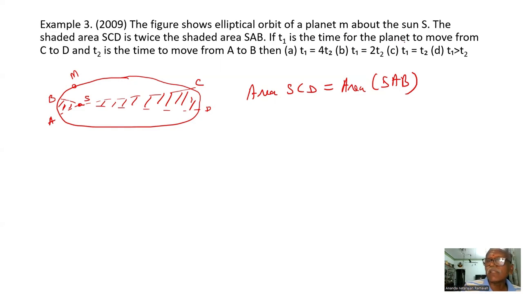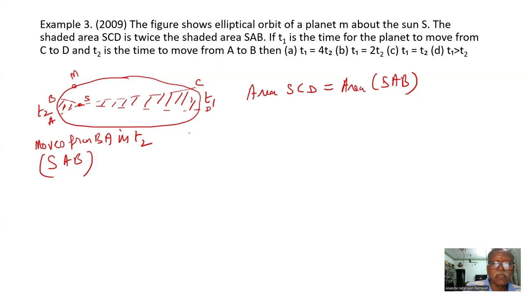T1 is the time for the planet to move from C to D. Here the time taken is T1. T2 is the time taken to move from A to B. This is T2. As it moves from B to A in T2, it covers the area SAB.